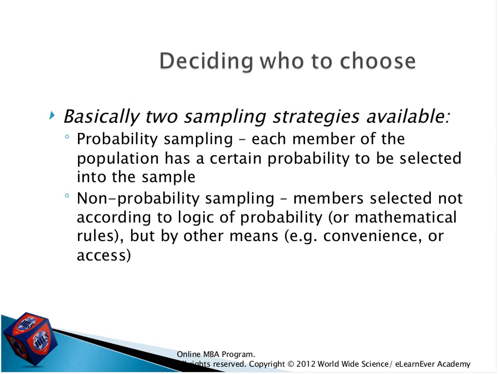But in non-probability sampling, members are selected not according to the logic of probability but by other means, for example convenience or access.